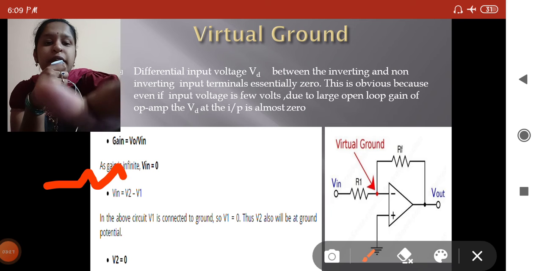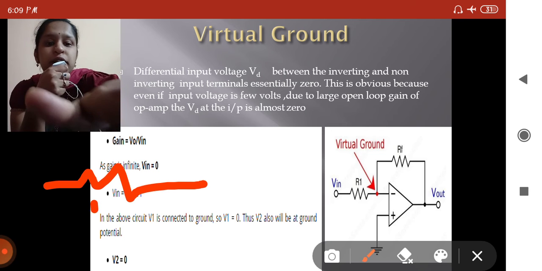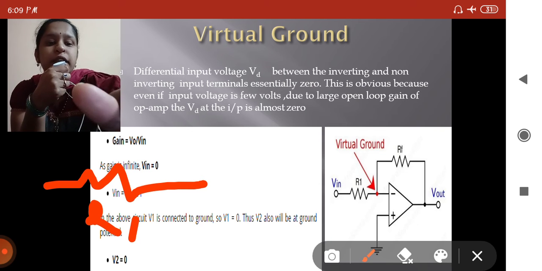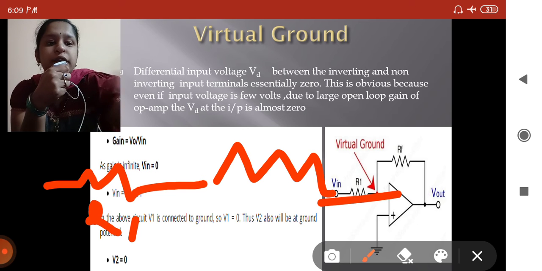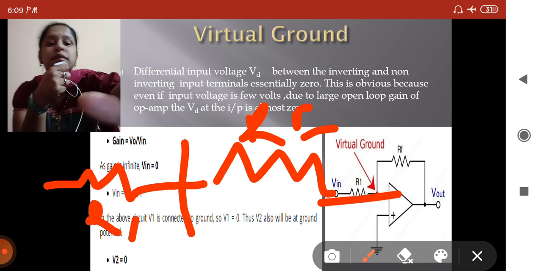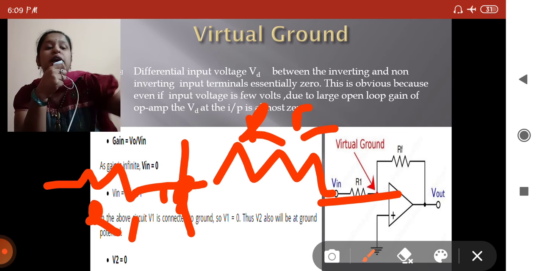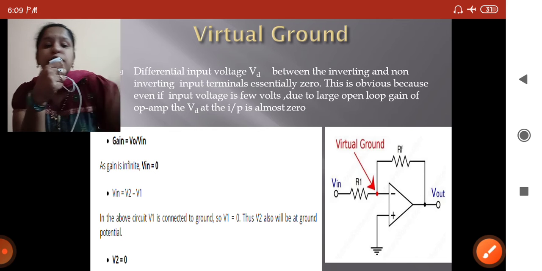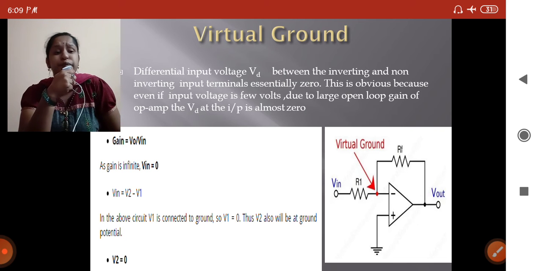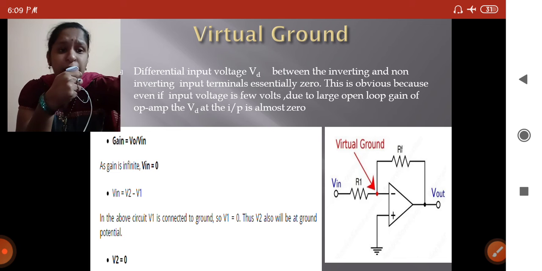I may write resistance R1, and this one is RF, in series. I take this as ground in a linear circuit, and they can ask about this virtual ground in your examinations.